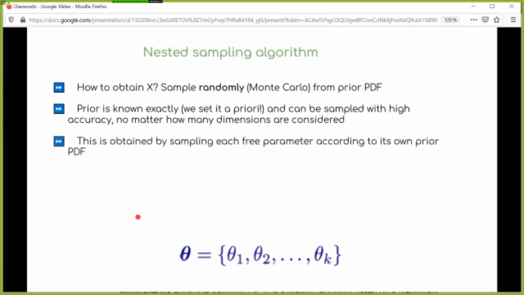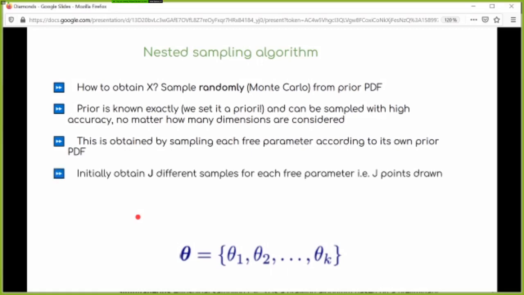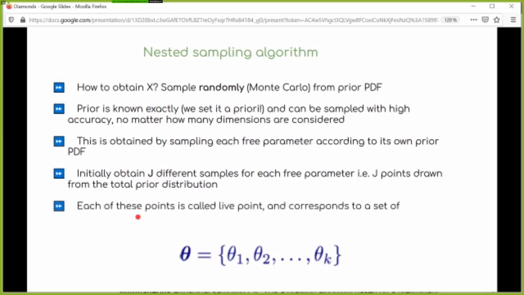So initially we obtain J different samples for each free parameter, which means J points drawn from the total prior distribution. Each of these points is called a live point because these points are moving through the nested sampling in the parameter space, and they correspond to a set of coordinates, as I said, in the k-dimensional parameter space.